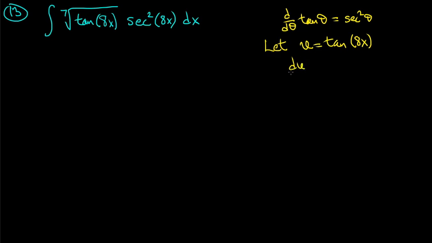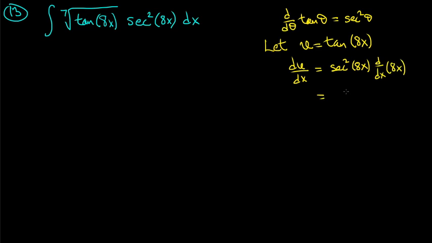If I take the derivative of tangent of 8x, I get secant squared of 8x. Now, don't forget the chain rule. You still have to take the derivative of 8x, which is just 8.